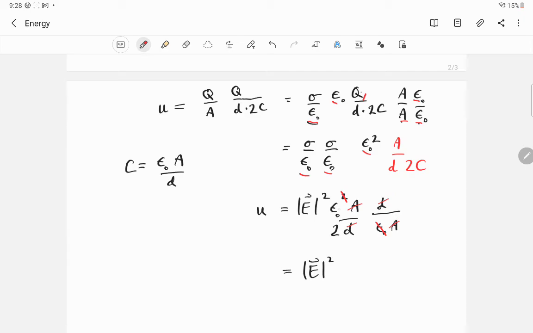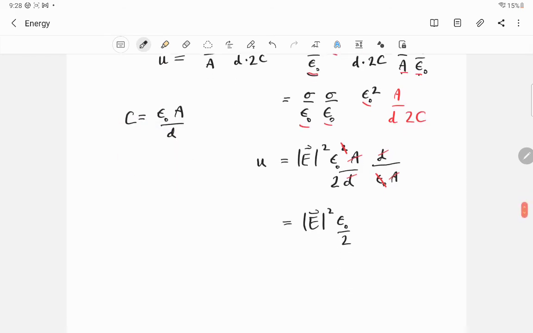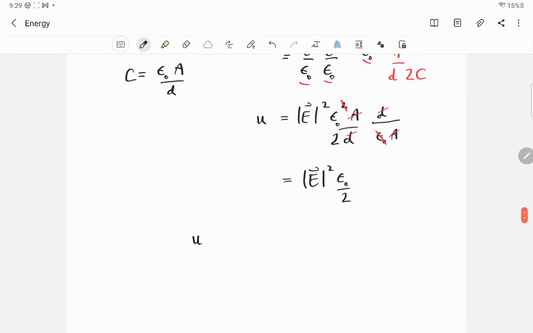And the only thing left is epsilon naught over 2. Like this. So we have this result that the energy density is equal to the electric field magnitude squared times epsilon naught over 2. And this is really, really important.